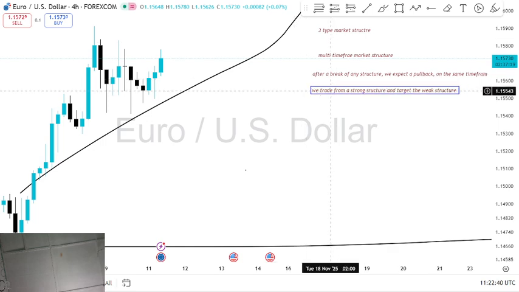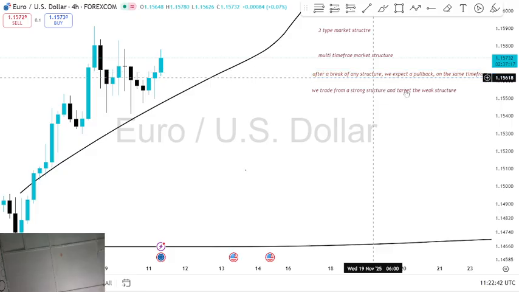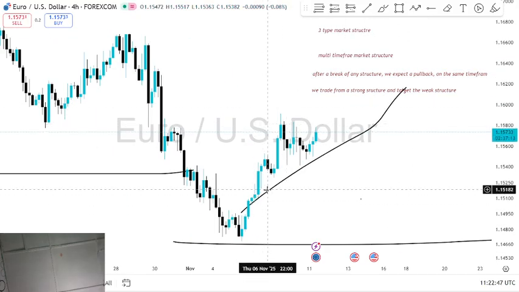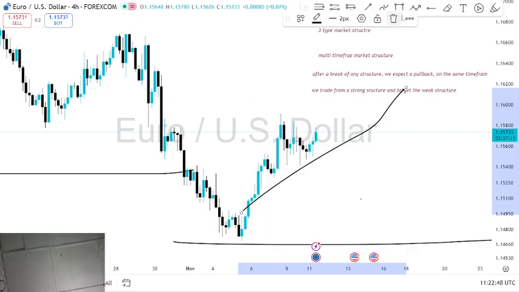So if we are trading from a weak structure, right, and we are targeting the strong structure, why are we buying from here?